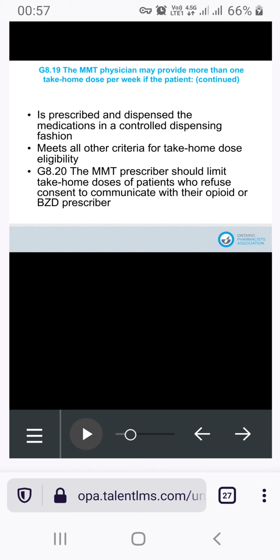G820: the MMT prescriber should limit take-home doses of patients who refuse consent to communicate with their opioid or benzodiazepine prescriber.